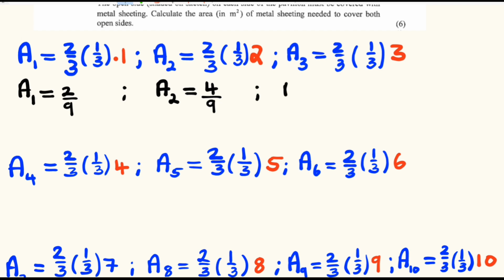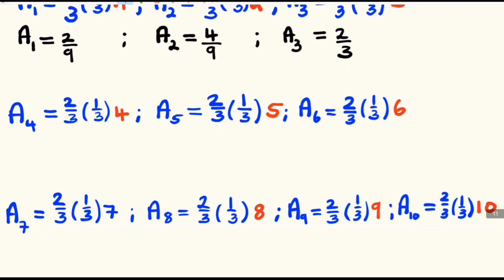For area number 3, the 3 multiplied by 1 over 3 will be equals to 1, so we'll be left with the 2 divided by 3.